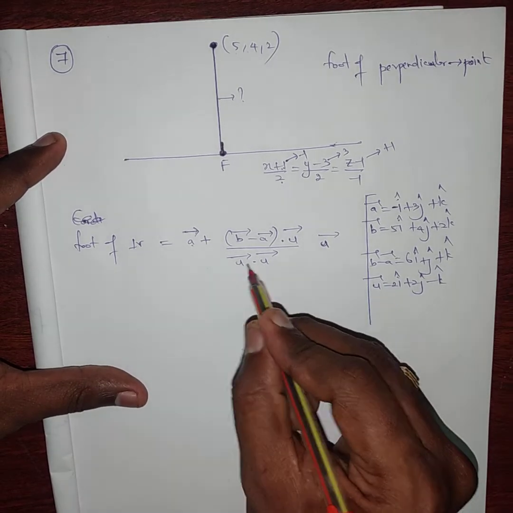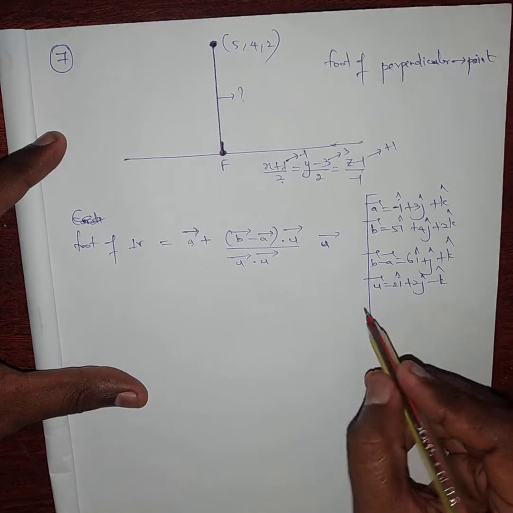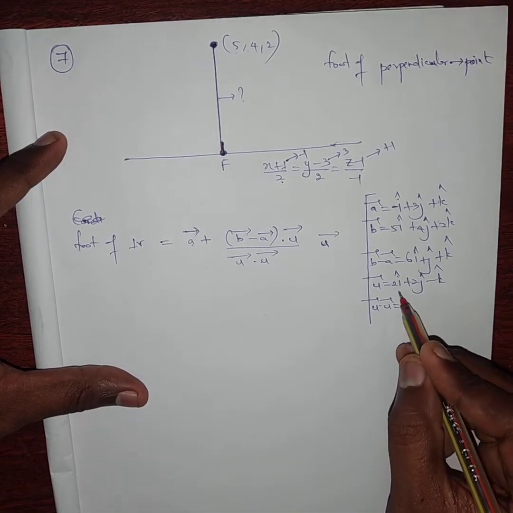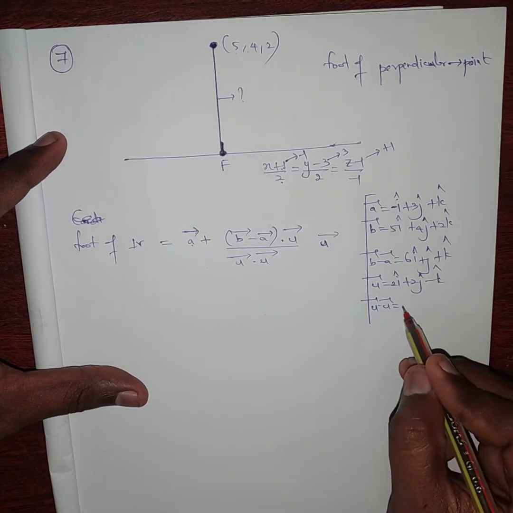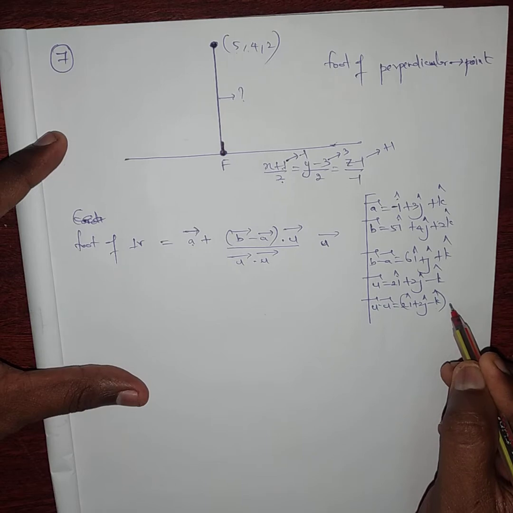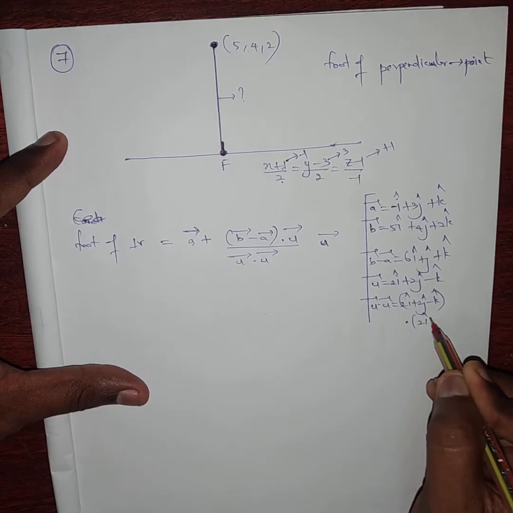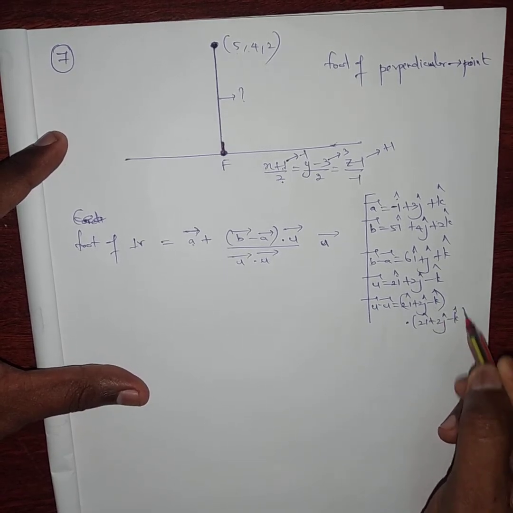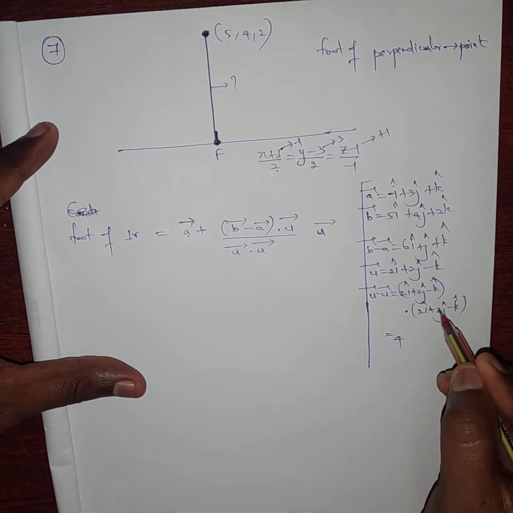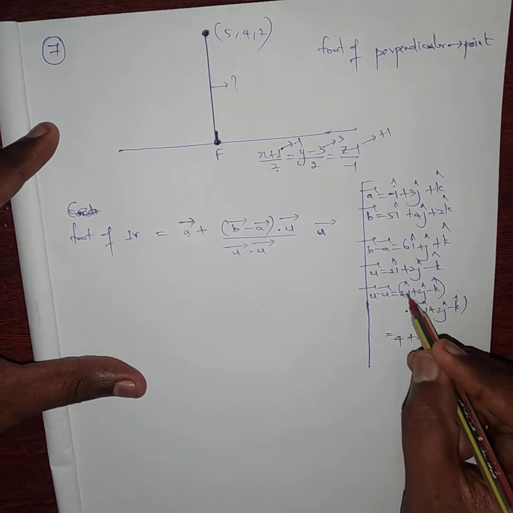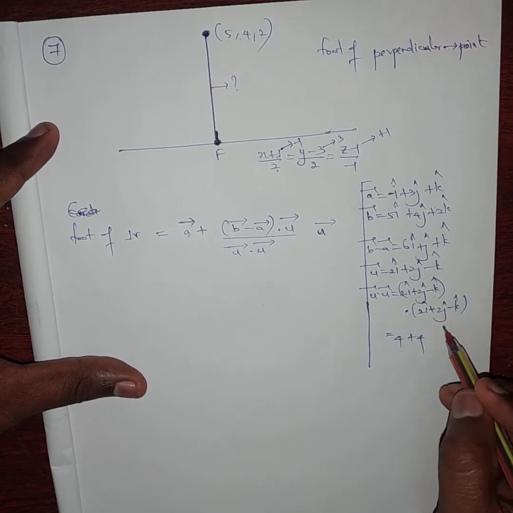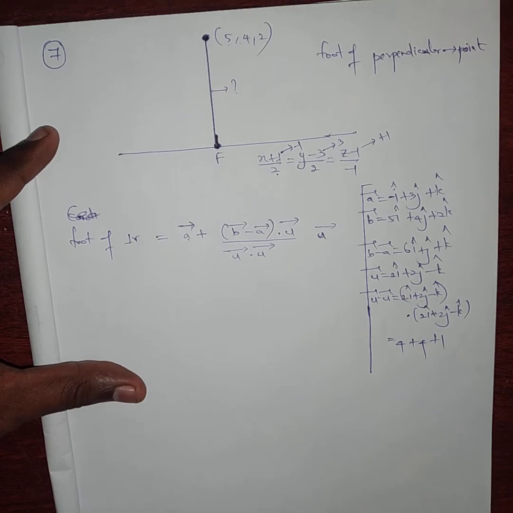I need to find u vector dot u vector. That is nothing but (2i + 2j - k) dot (2i + 2j - k). So what is the answer going to be? 2 2s are 4, plus 2 2s are again 4, plus minus into minus is plus 1.